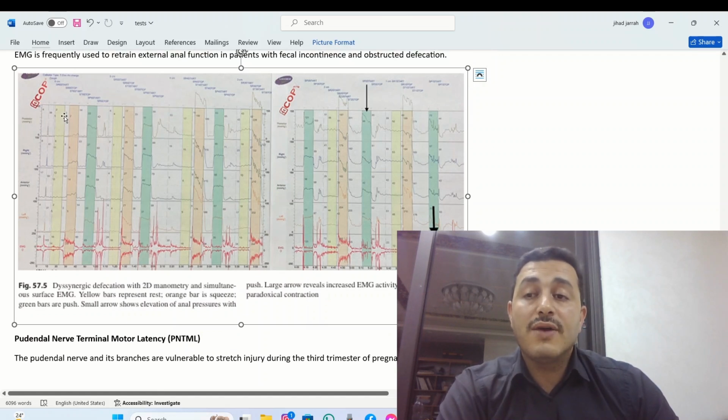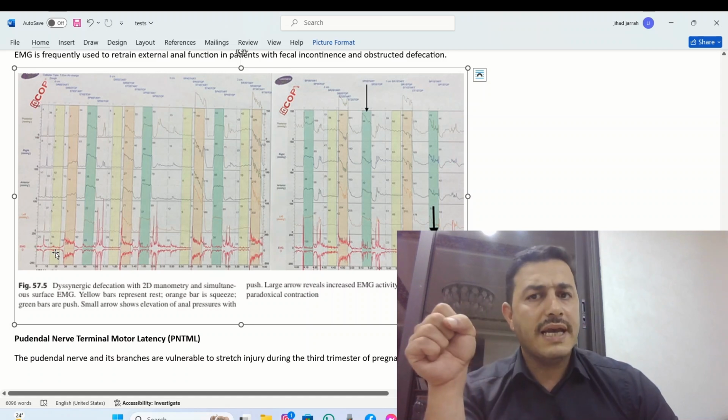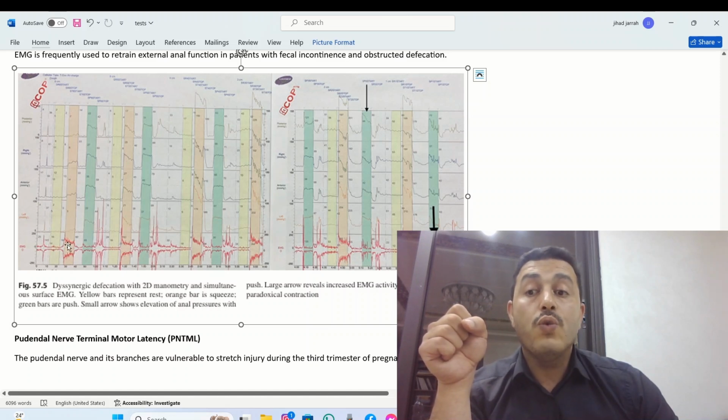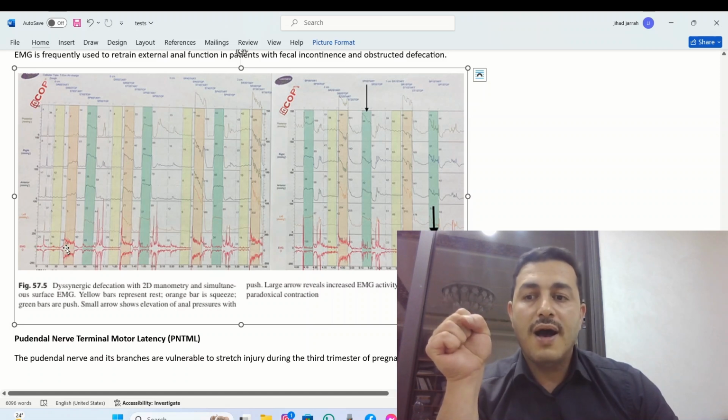Here you can see that we have 3 columns. The yellow column is the rest state. At rest, the external anal sphincter is in a state of tonic contraction, so there is contraction over here. Look at the orange one. This is when we ask the patient to squeeze, how the electrical activity increases.